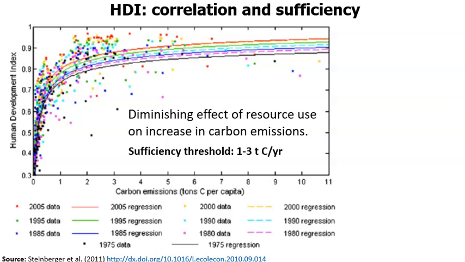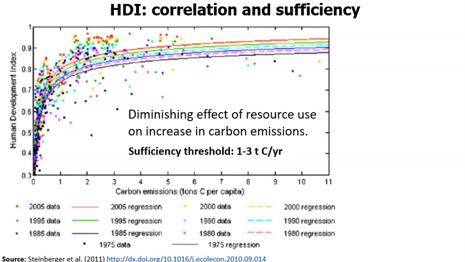Services improve the life of very poor people: health, water, sanitation, electricity, transportation, communication, and so on. But once you reach a certain carbon threshold, even higher carbon emissions caused by even higher energy consumption don't translate into higher human development. So this is also a very important finding for sufficiency and for decoupling.